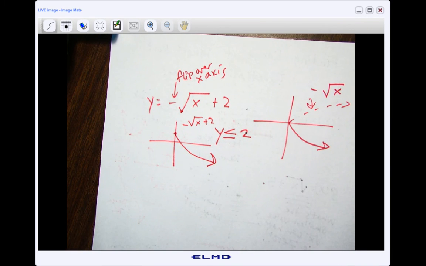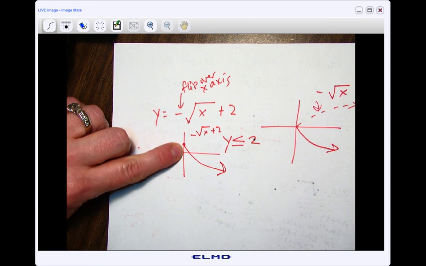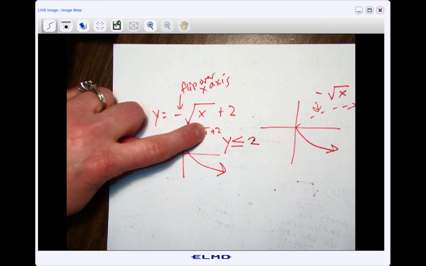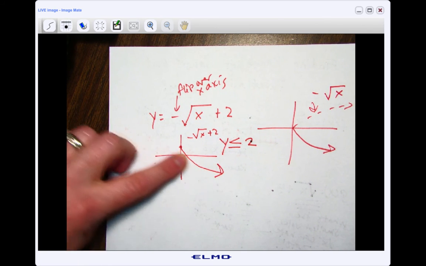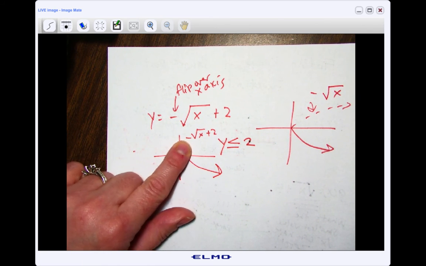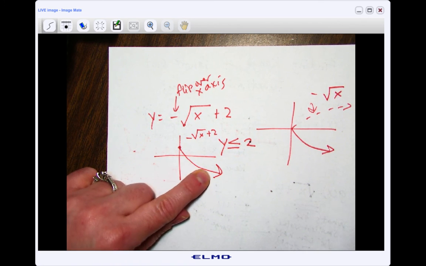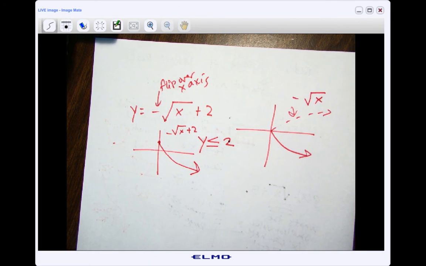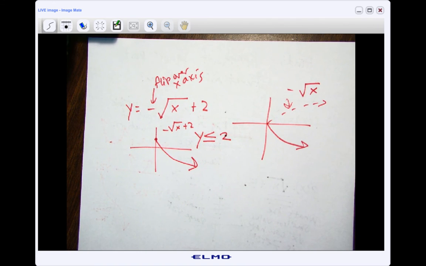So from 2 to 0, you'll have positive numbers, but anything else is going to give you negative values, because we're going to subtract. If you put a 4 in there, you're going to get a 0. But if you put a 16 in there, you're going to get a -2, right? And again, if you're not sure, you can plug these into your calculator and take a look and make sure that you're thinking about it the right way.